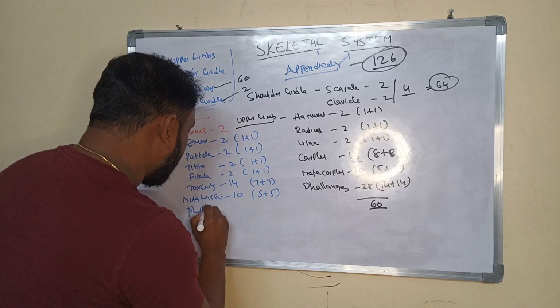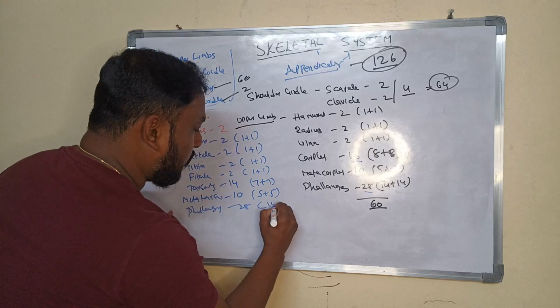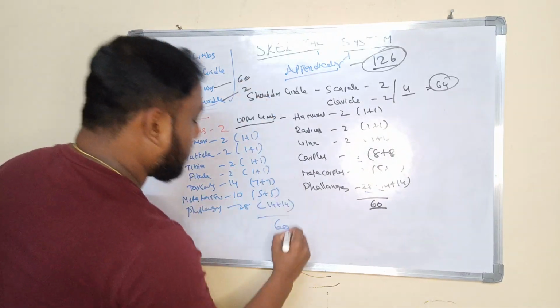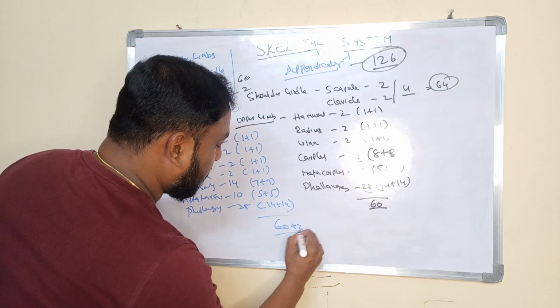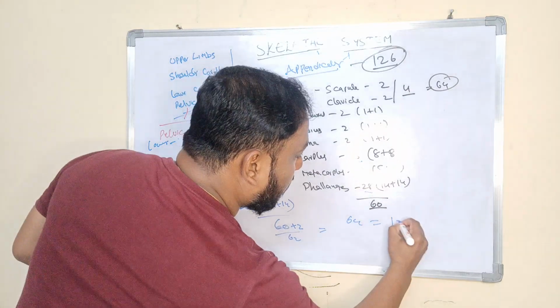Phalanges, same as upper limb, 28, 14 plus 14. Overall 60 plus 2, 62. Here 64 plus 62 equal to 126.